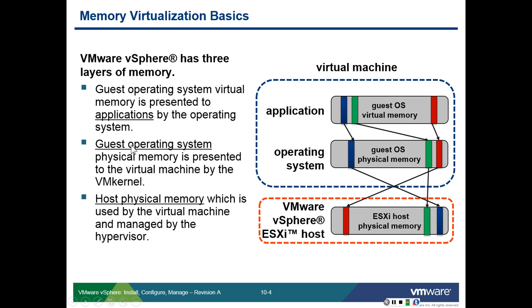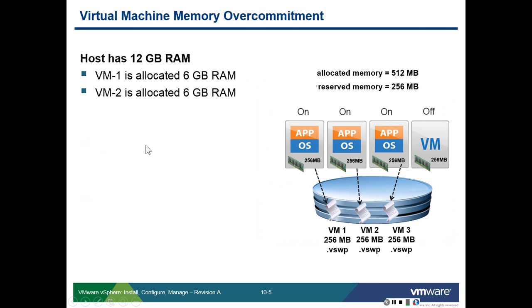The guest operating system, such as Windows Server, is installed in the memory, which is allocated to the virtual machine, and applications run in memory, which is allocated to them by the guest operating system. 3 layers of memory.